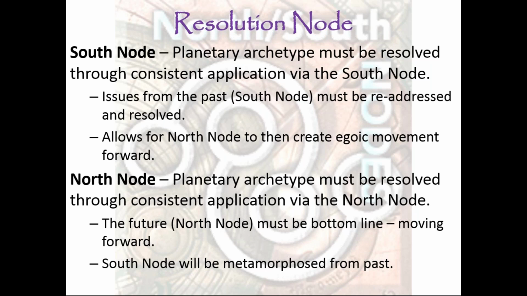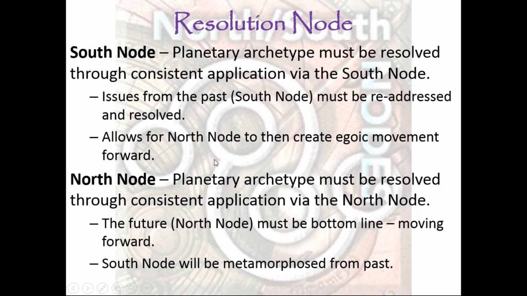You must go back and readdress and resolve something in order for that planetary archetype to move forward itself. When you do that, it then allows for the north node to then eventually create egoic movement forward itself as well.